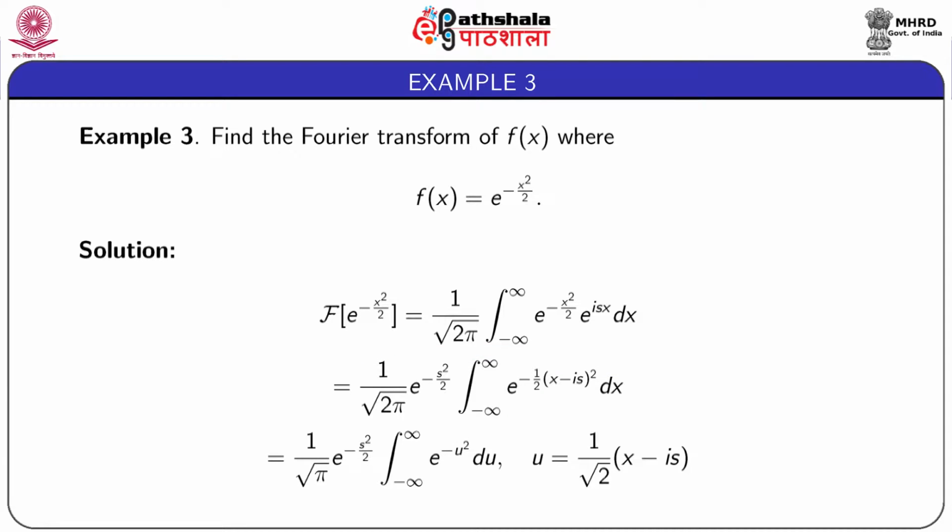In this integral, we multiply by e to the power s square by 2 into e to the power minus s square by 2.